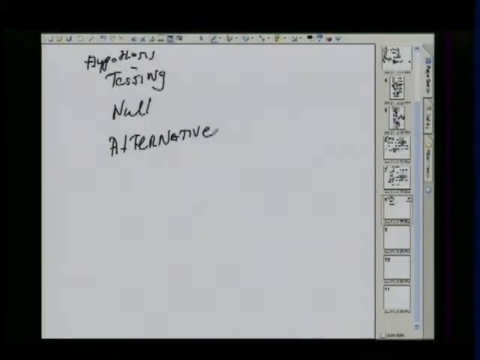Null and alternative. The null, and I'm going to give you a lot of hints here because one of the hard jobs you're going to have is deciding what is the null hypothesis and what is the alternative hypothesis. If the problem tells me, that would be pretty easy, but it's probably not likely the problem will normally do that. So you need to know what is the null and what is the alternative.